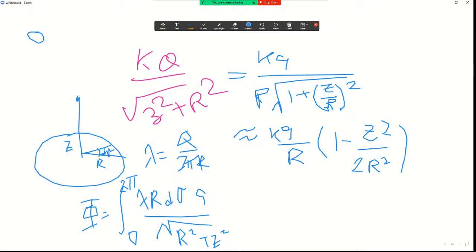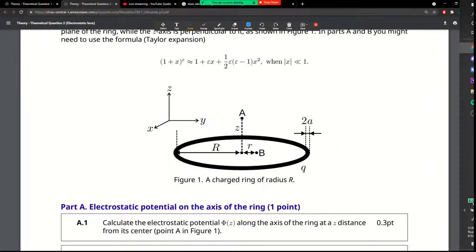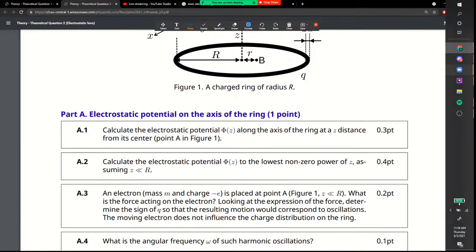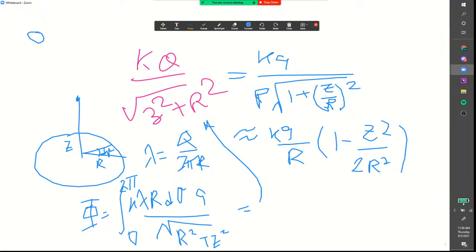Right, we forgot k. So when we do this, it should cancel out, and then we just get that. Okay, I think that's basically all we need to derive, right? And we can do A3.